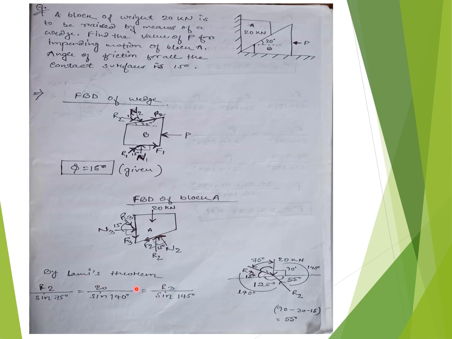With the help of Lami's theorem, we can find the force; each force is proportional to the sine of the angle between the other two forces. F2 by sine of 75 degree equal to 20 kN by sine of 140 degree, which is equal to R3 by sine of 145 degree.